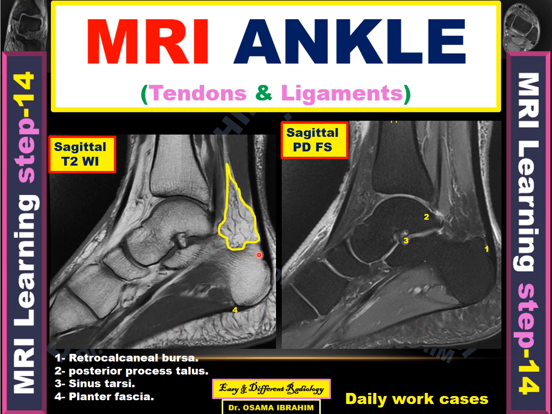However, this yellow marker here in the T2 shows fat, which appears as bright signal in the T2, and in the proton density fat suppression sequence the fat is suppressed.